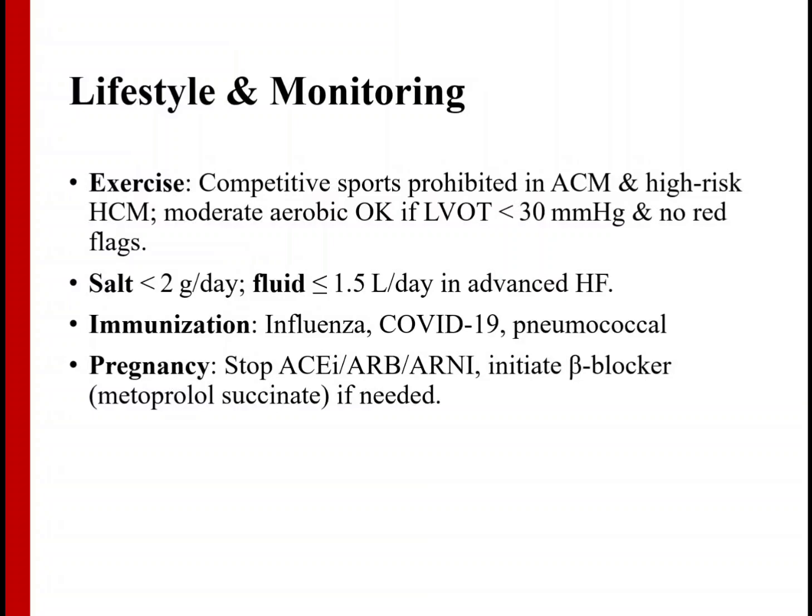And metoprolol succinate is the preferred beta blocker if one is needed for rate control or outflow gradient. And close monitoring is required for women with known cardiomyopathy, especially in hypertrophic cardiomyopathy and peripartum cardiomyopathy cases.